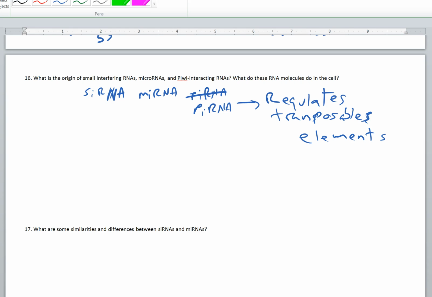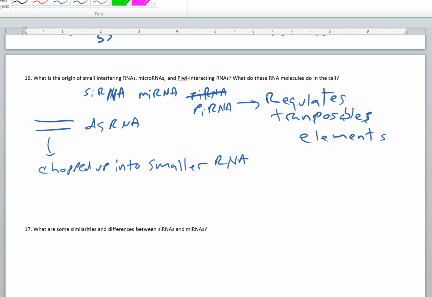Now siRNAs and microRNAs are both similar. They both start out as double-stranded RNA, and then they get processed where they get chopped up into smaller RNAs, and then when they're smaller RNAs, then they inhibit the expression of other genes.